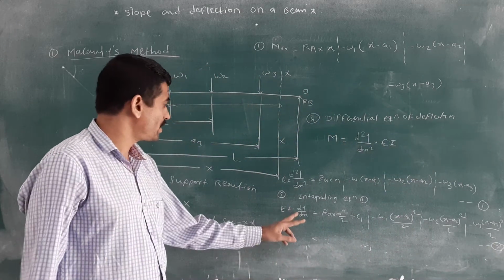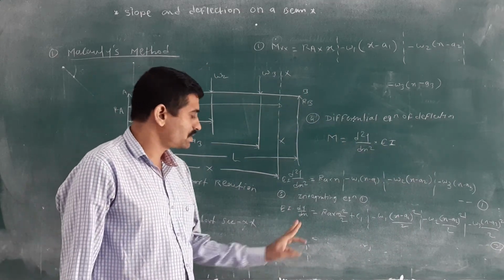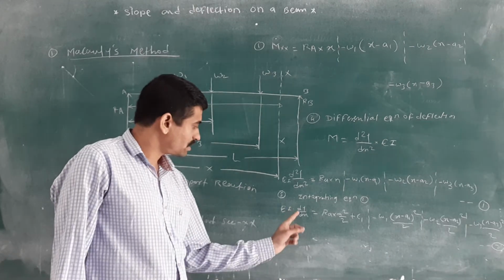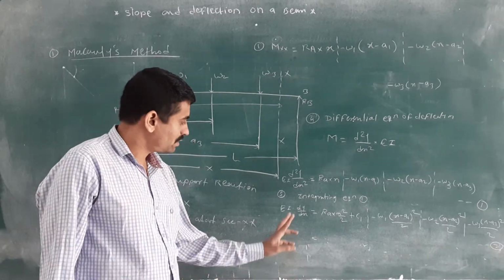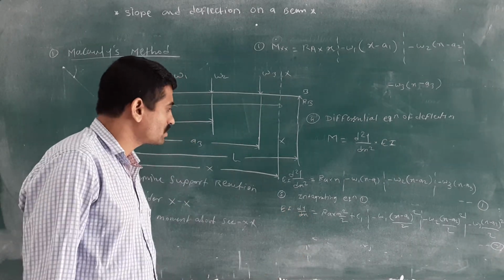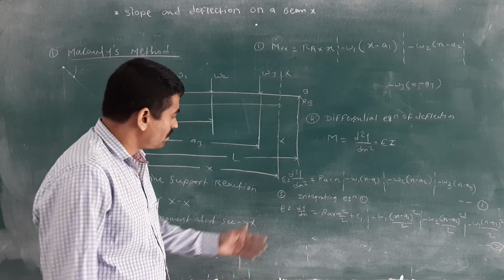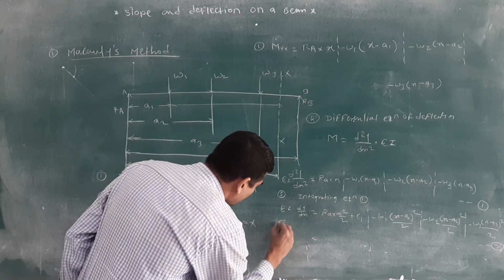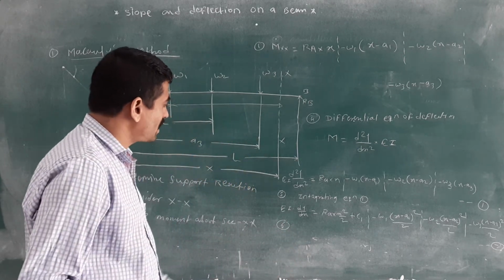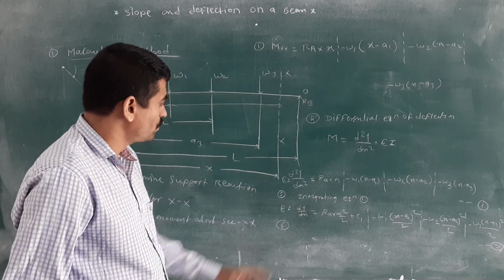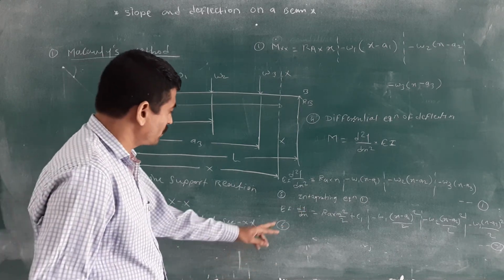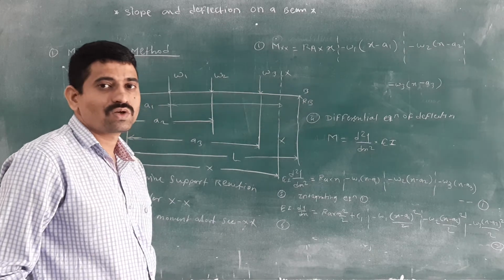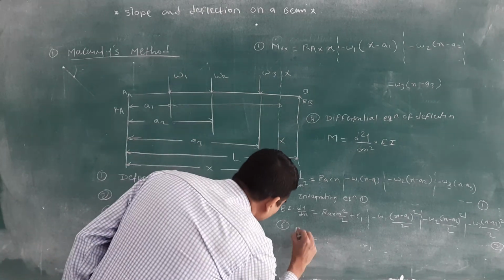What is dy/dx? We have seen in the definition that it is denoted by the slope. You will get the generalized equation for the slope. In step number 6, if you integrate equation number 2 with respect to x, you will get the deflection equation.